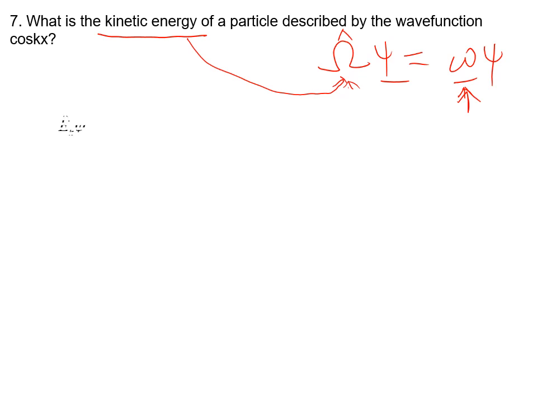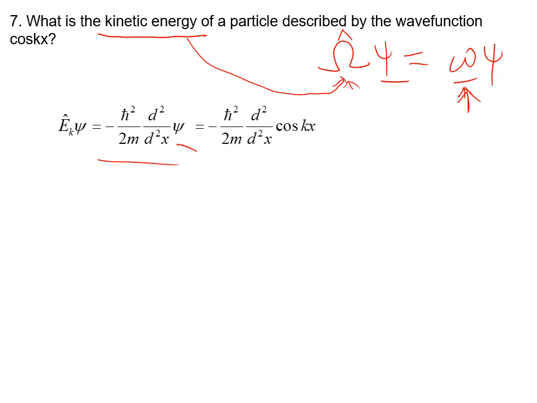So what is the kinetic energy operator, which as we mentioned before, is negative h bar squared divided by 2m times the second derivative, operating on the wave function. In this case, the wave function is cosine kx. Now for cosine kx, the first derivative is negative k times sine kx.